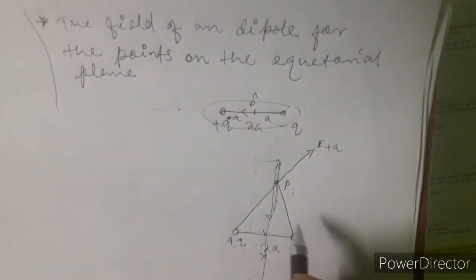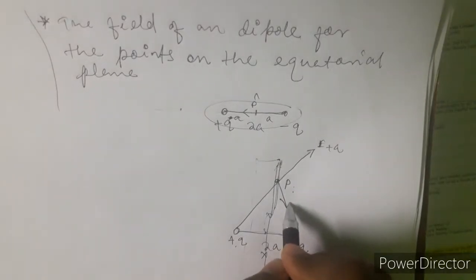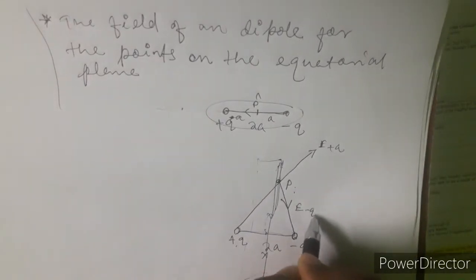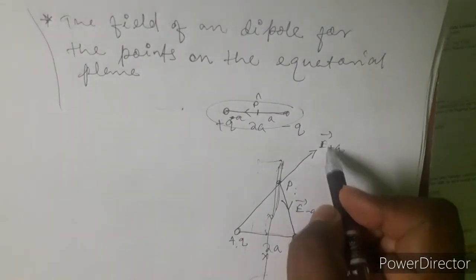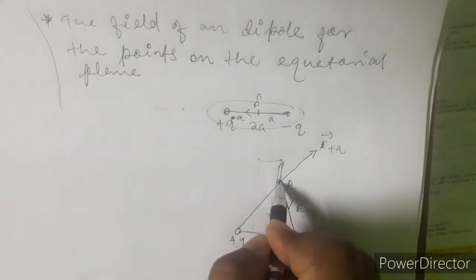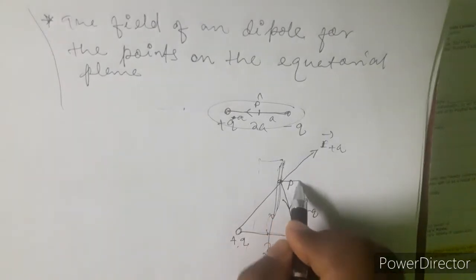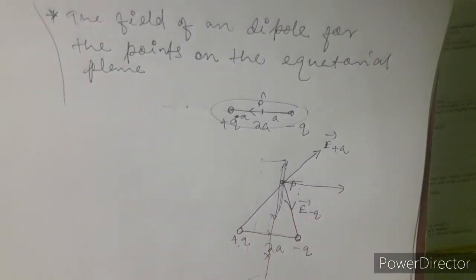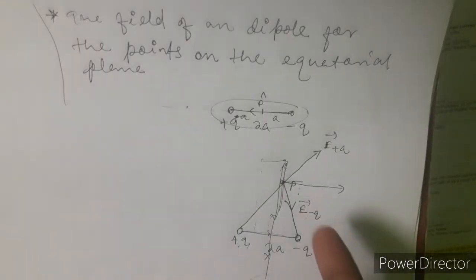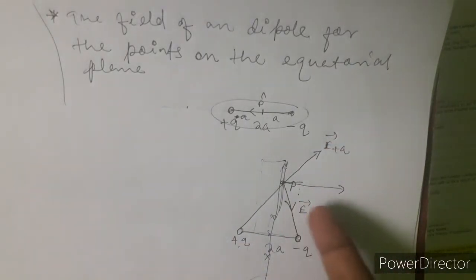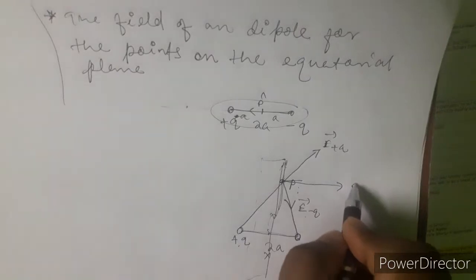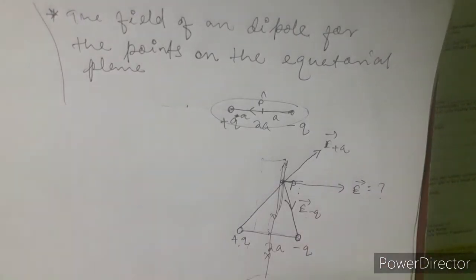The electric field due to the minus q charge will be in this direction, which I will write as E minus q. These are the two vectors. The resultant of E plus q and E minus q at point P will give the total net electric field at point P. So we first have to calculate E plus q and E minus q, then add them vectorially to find the net electric field at this point P.